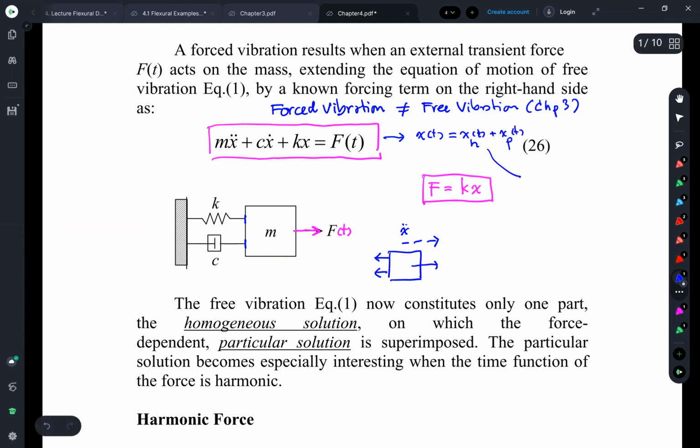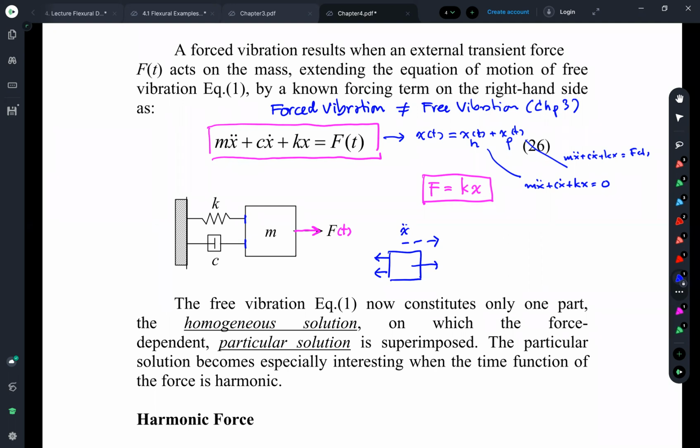The homogeneous solution belongs to this equation, and the particular solution belongs to the first equation. Please don't doubt this, because this is a second order differential equation, and when solving a differential equation, everybody can imagine you need to involve integrations.